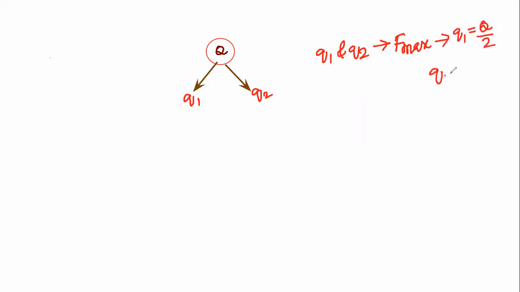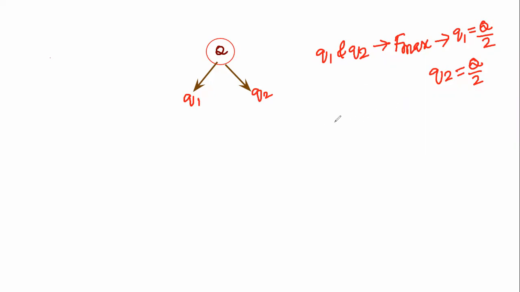To get the maximum force between these two parts, q1 and q2, q1 is equal to capital Q divided by 2 and q2 is also equal to capital Q divided by 2.